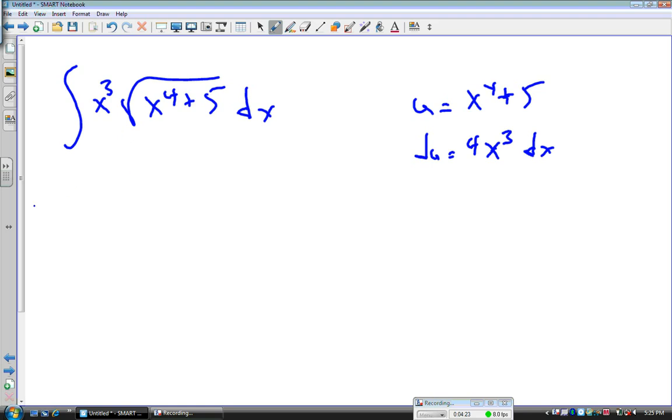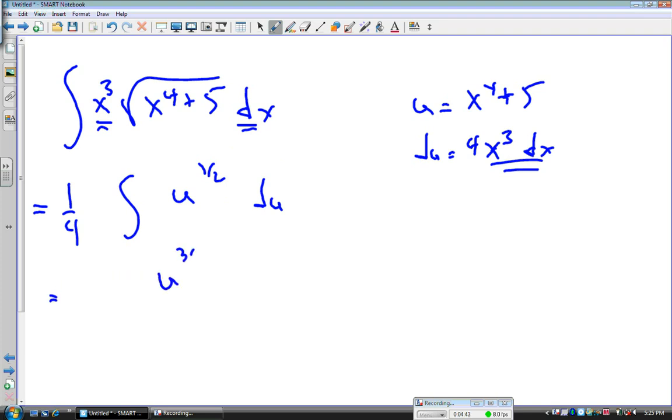All right, so what do you get? You get, let's see, x cubed dx is replaced by 1/4 of du. So I'm going to write 1/4 of du, the integral of u to the 1/2. Now you know how to do the power rule. u to the 1/2 du gives you u to the 3/2 divided by 3/2, or times 2/3.